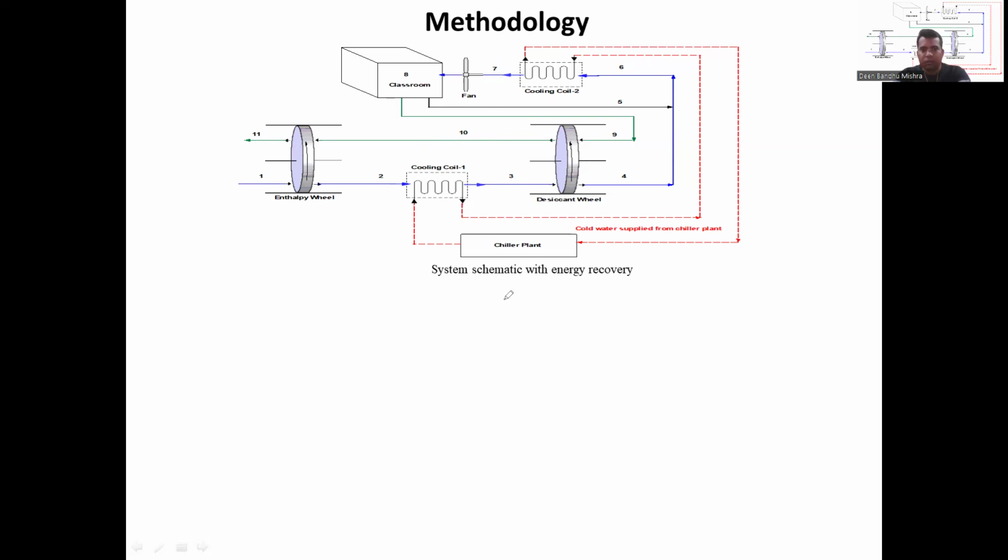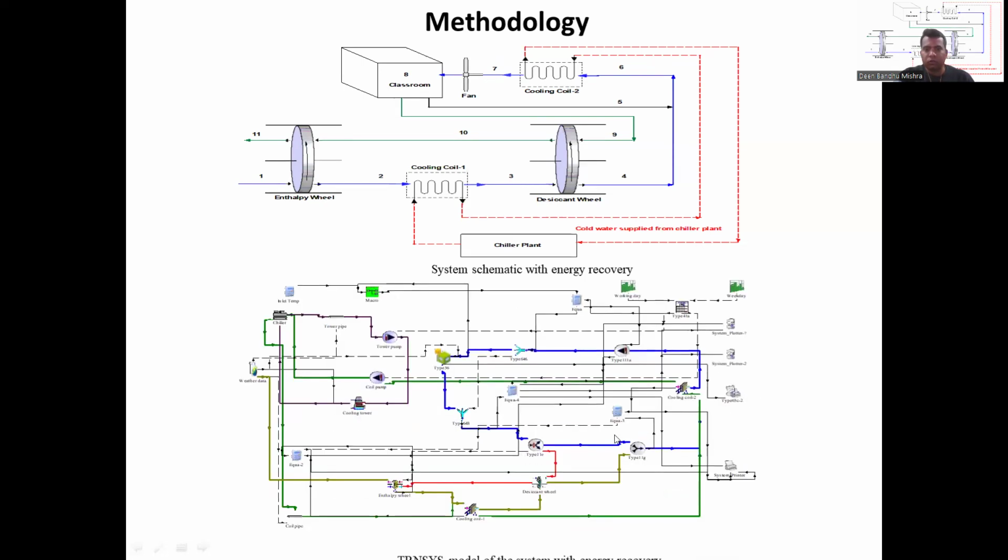This is the TRNSYS model, which is a model using TRNSYS 17 for analysis of the building. This is the enthalpy wheel, this is the desiccant wheel, and further this is the chiller, and this is Type 56, which is the selected building, the classroom cluster of rectangular model.